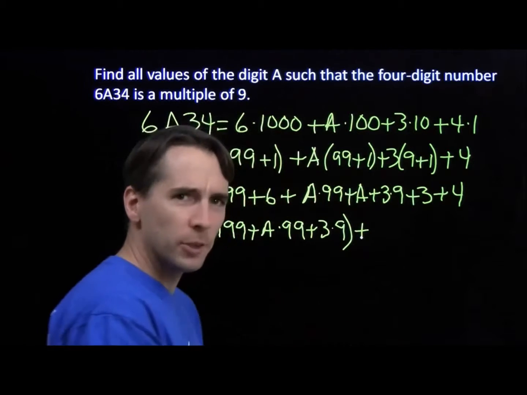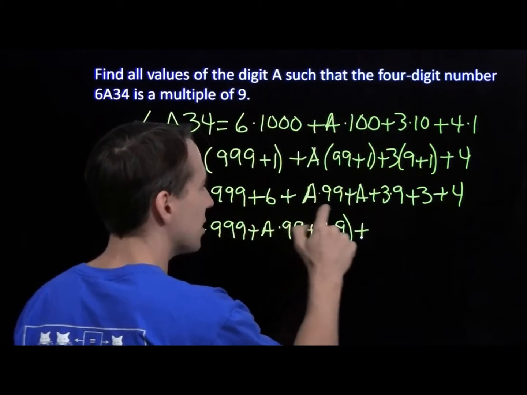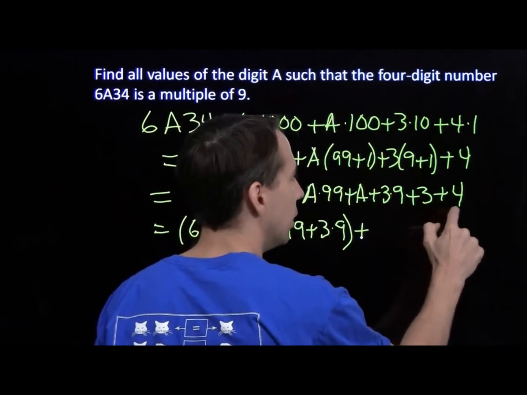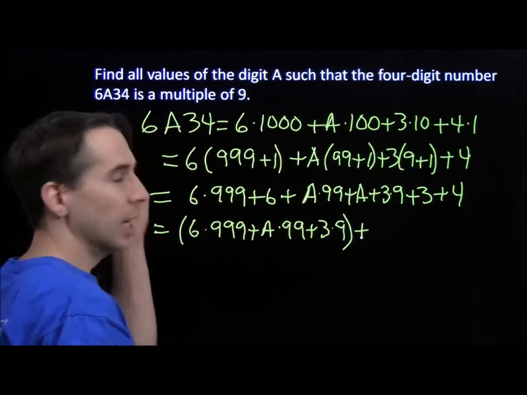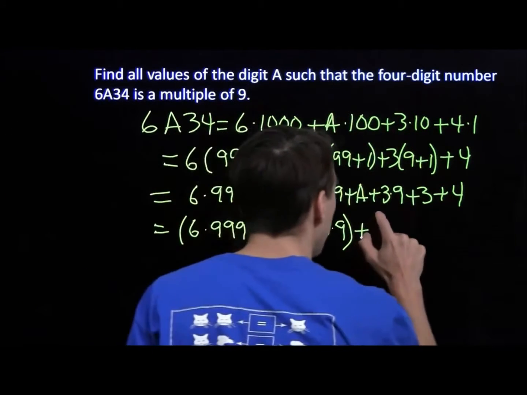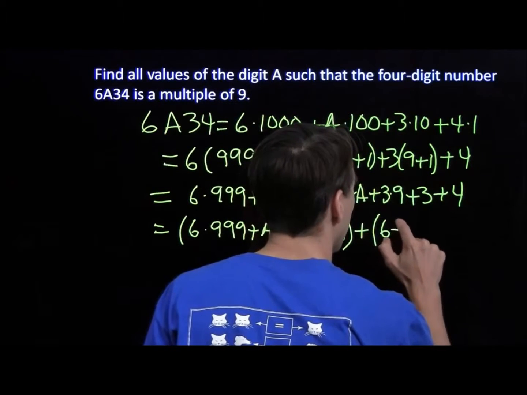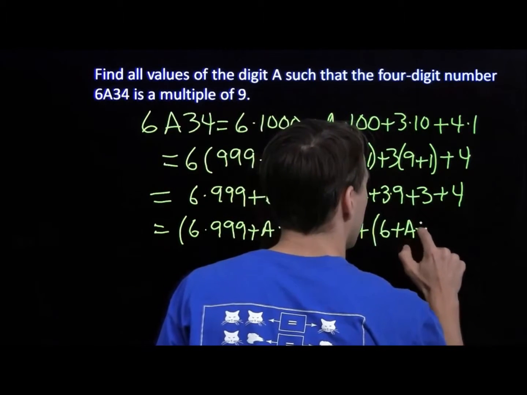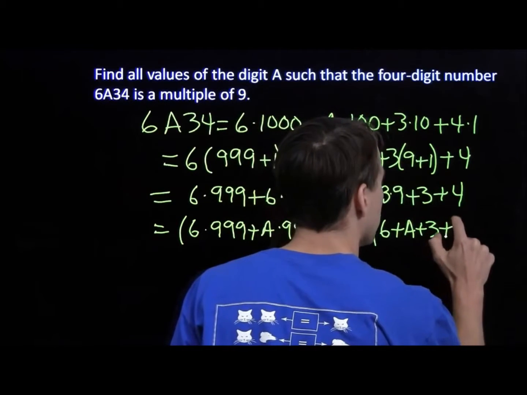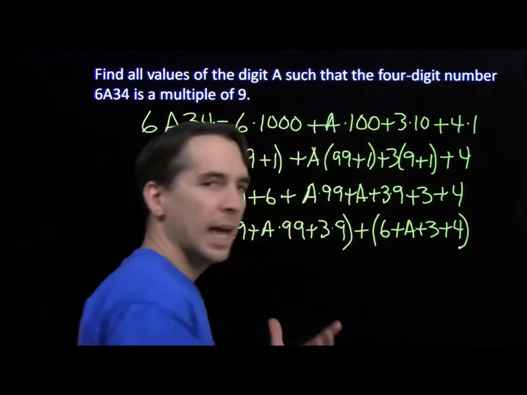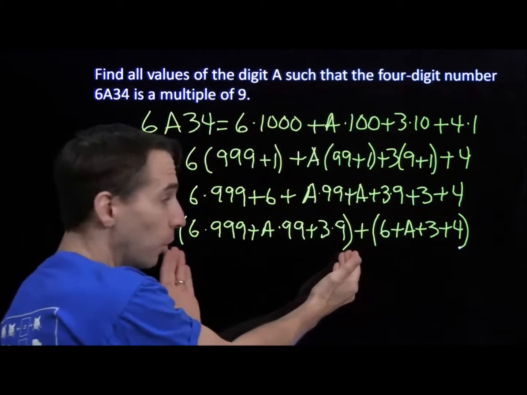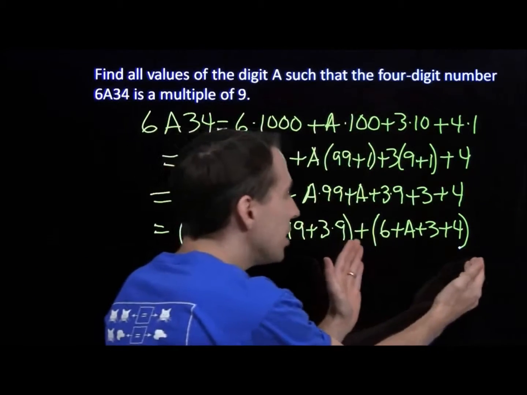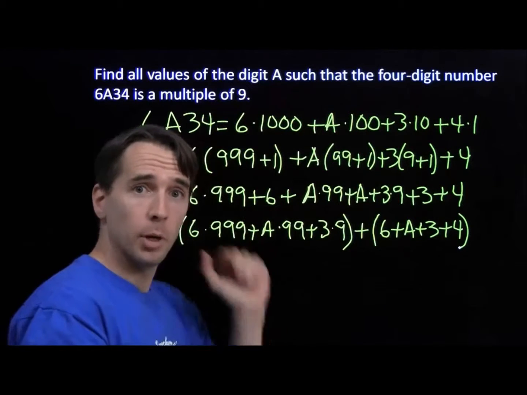And what's left over? Well, we have 6, a, 3, and 4. It's just the sum of the digits of our original number. So we've taken the original number and we've broken it up and rearranged it into a big giant multiple of 9 over here plus the sum of the digits of the number.